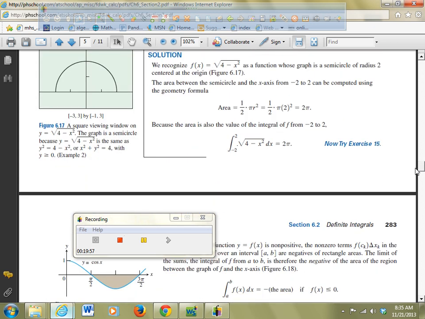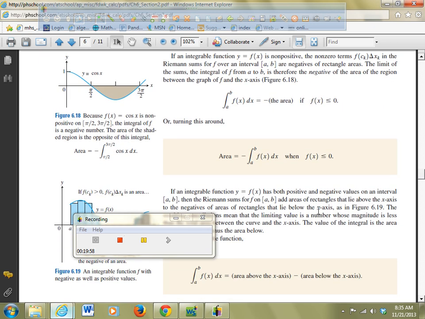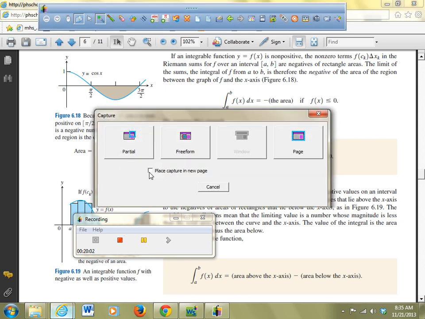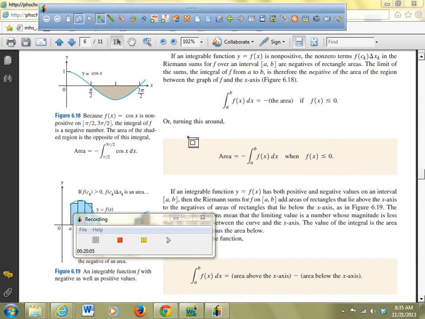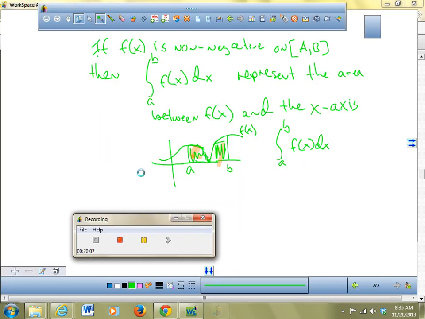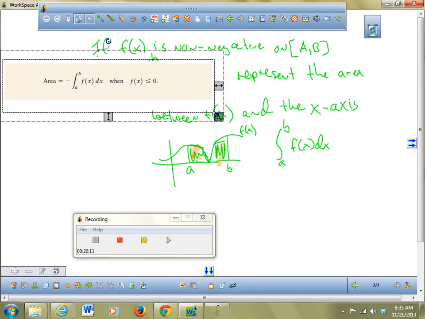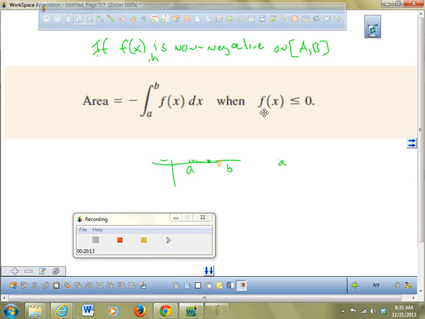And the second part of that says that if f of x is negative, or equal to 0, then the negative of that integral is the area under that curve.